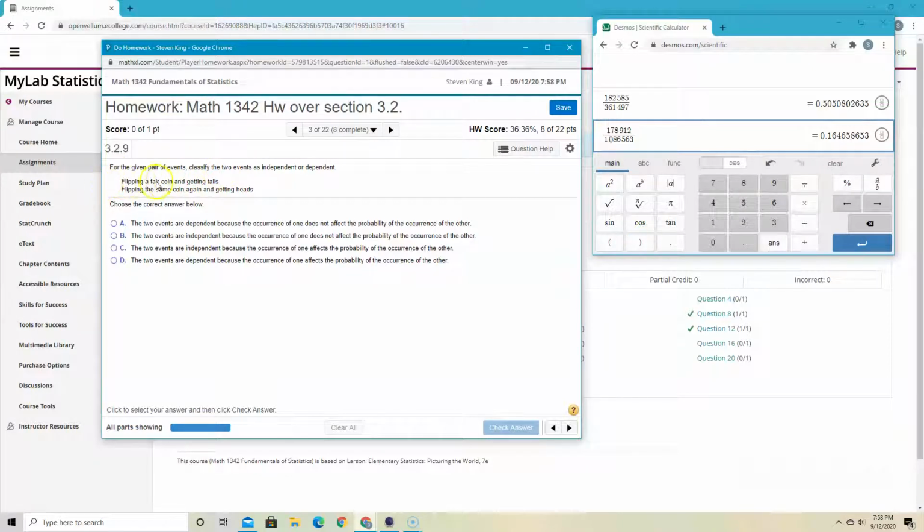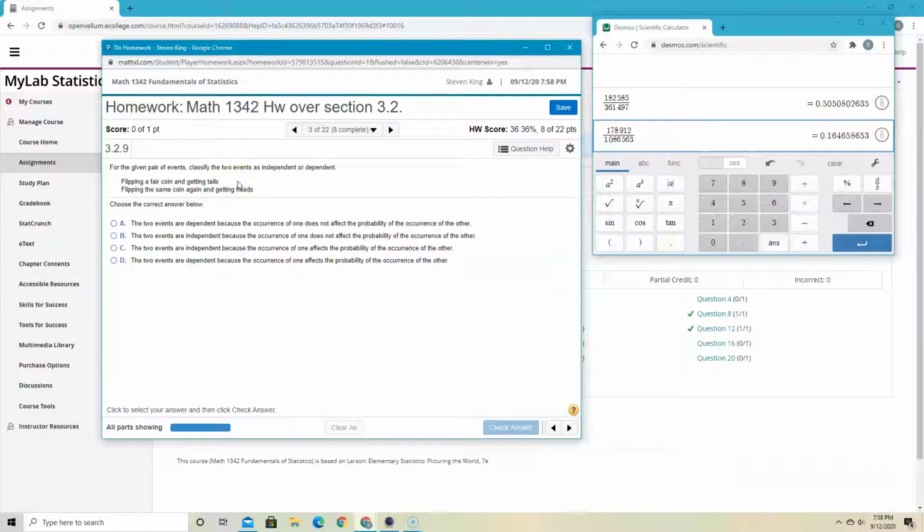So one is flipping a fair coin, meaning it's not imbalanced, it's not cheated, so that one side is more likely to land upwards than the other side. So it's fair. So one event is we flip the coin and the tails appears upward.